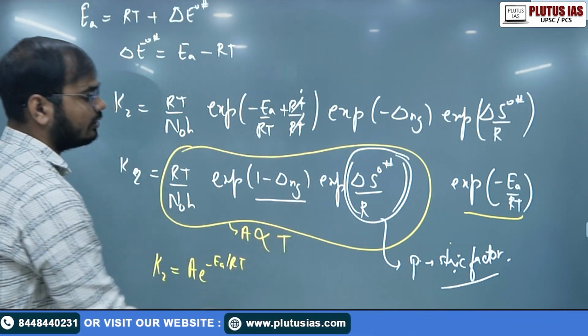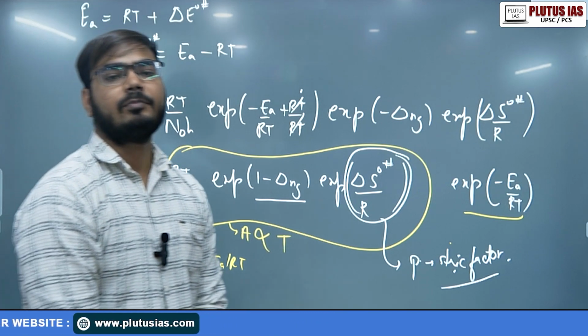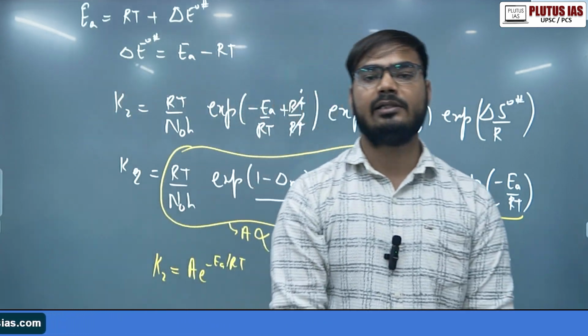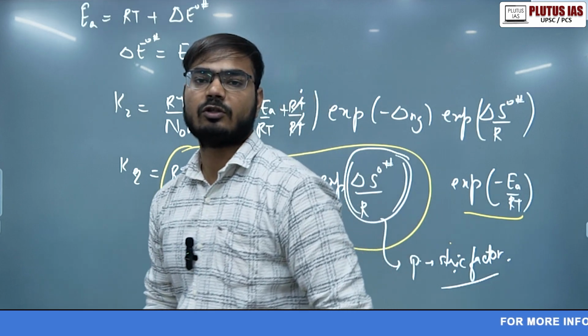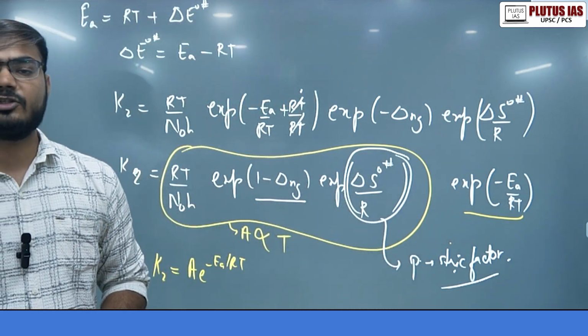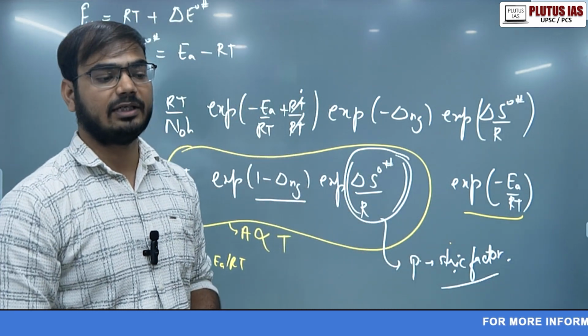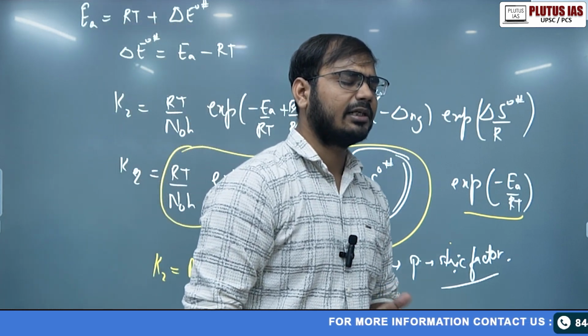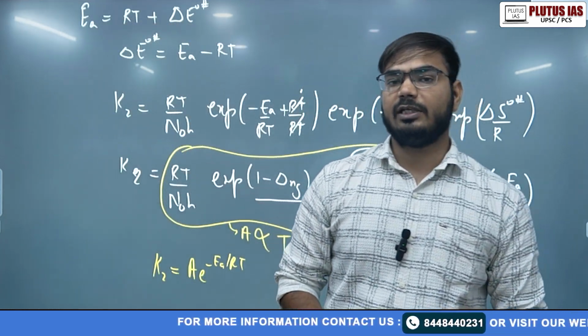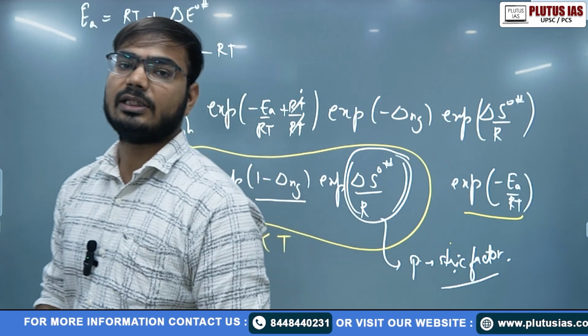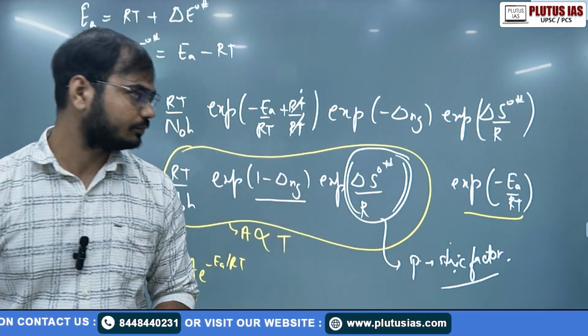This equation can also tell you the effect of pressure using the value of delta Ng, as we used in the case of equilibrium. So it predicts the effects of pressure: what will be the effect if a gas reaction occurs in the gaseous phase, whether we increase the pressure, decrease the pressure, or keep the pressure at a zero value.